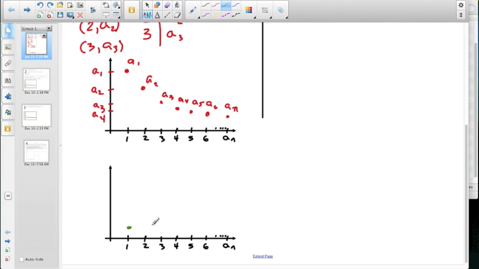So, something that looks like this and looks like this and gets bigger and bigger and bigger, and so on and so forth. Here's our a sub 6, which looks like it's a little out of place, but you get the idea, where we have this monotonic and increasing, where this is my value of a sub 1, and this is my value of a sub 2, and so on and so forth.